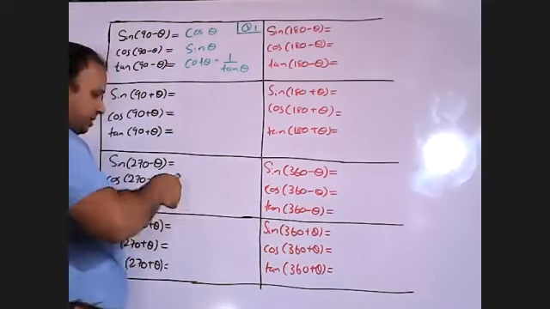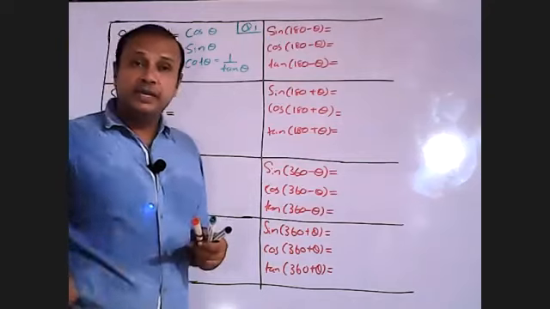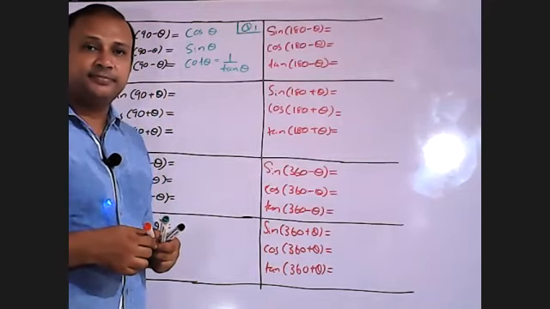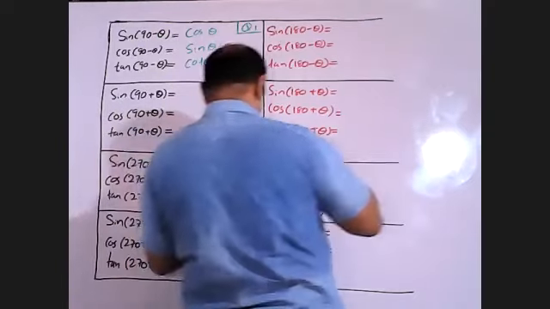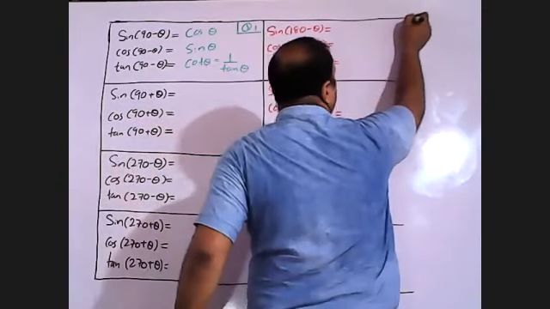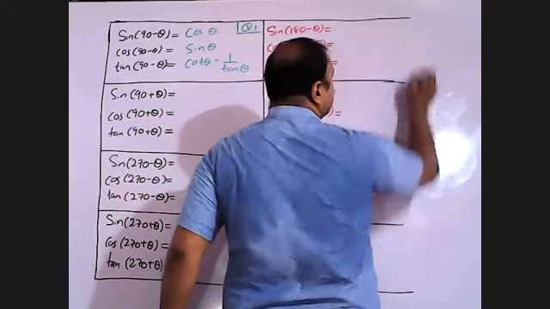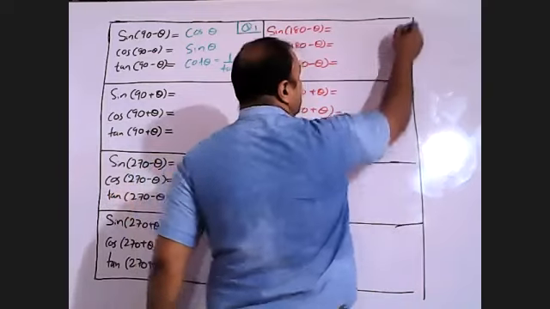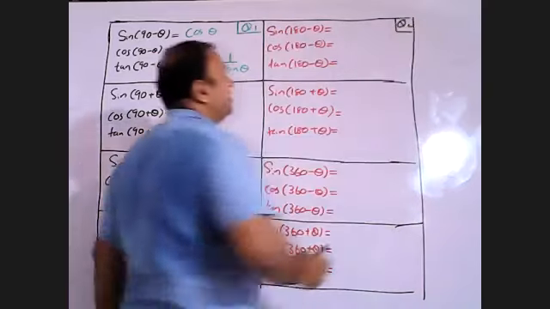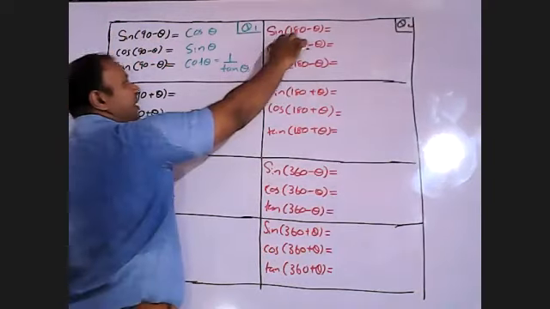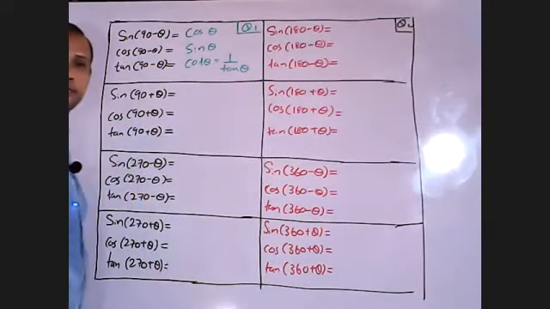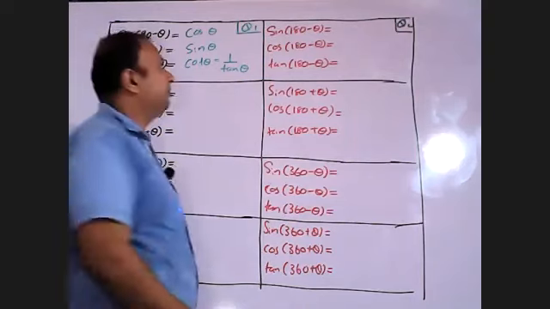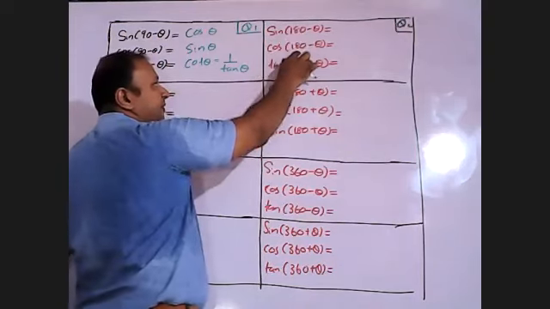Then 180 minus theta. 180 minus theta belongs to which quadrant? Second quadrant. Very good. So if it is Q2, tell me sine 180 minus theta equals to sine theta, because this is an even multiplication.